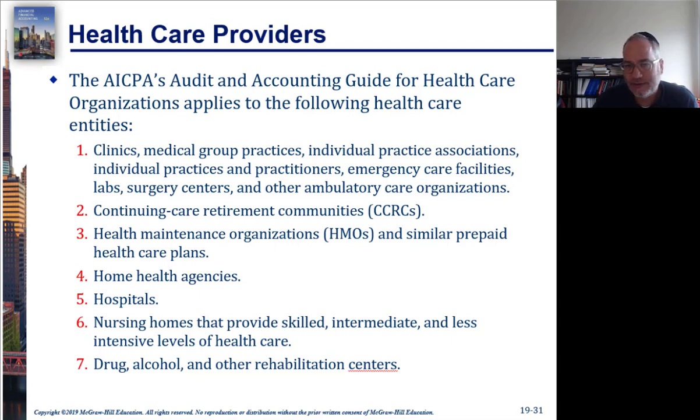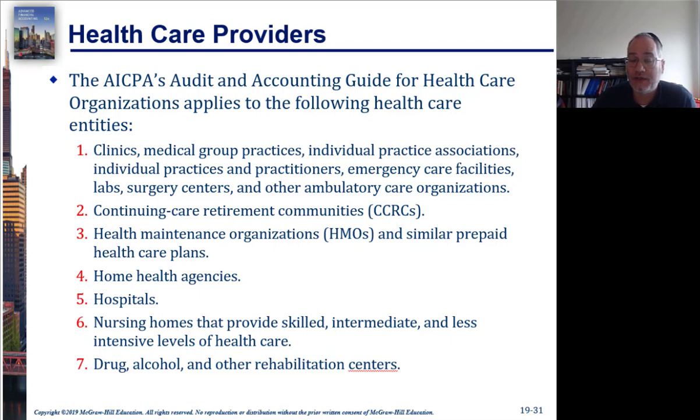Not-for-profit hospitals and healthcare organizations could include all sorts of other things too. They may include clinics, medical group practices, individual practice associations, individual practices and practitioners, emergency care facilities, labs, surgery centers, ambulatory care organizations, all with the requirement that they're not for profit.